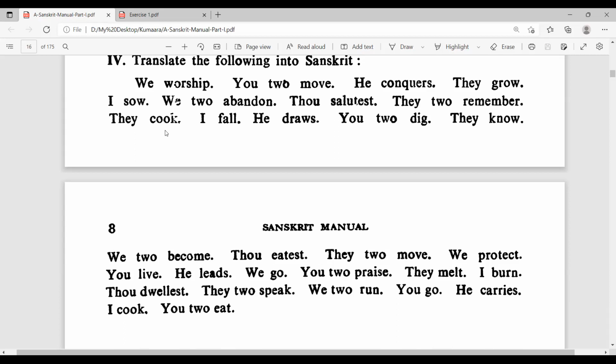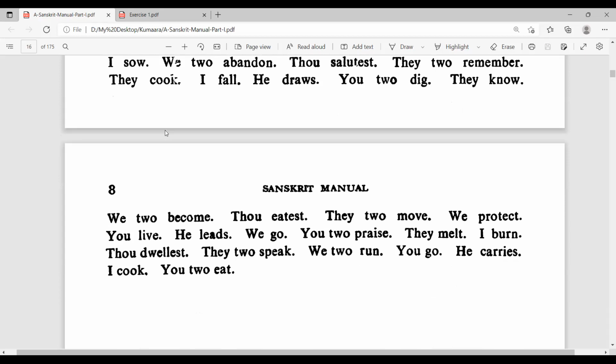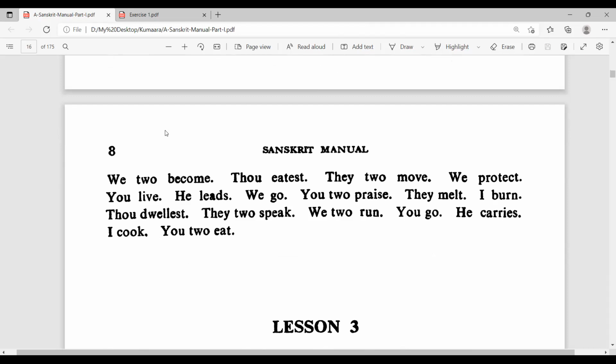We too become. Avam bhavaha. Okay. Thou eatest. Tvam khadasi. Yes. They too move, tau charataha. We protect. Vayam rakshamaha.